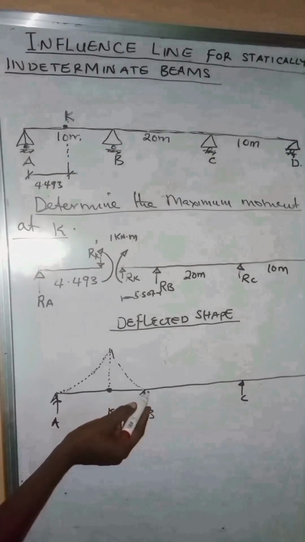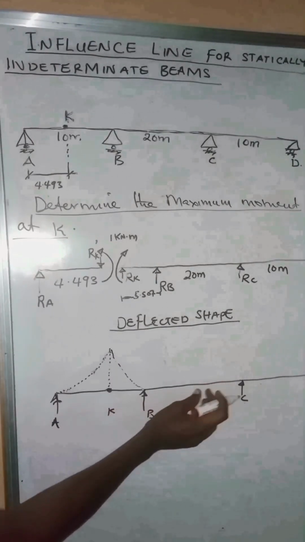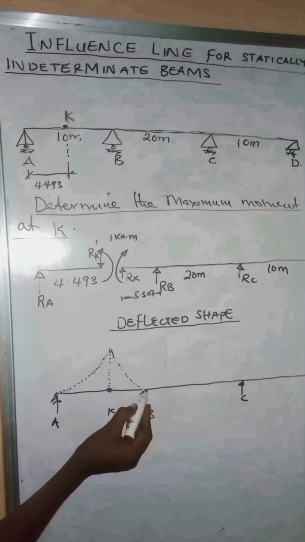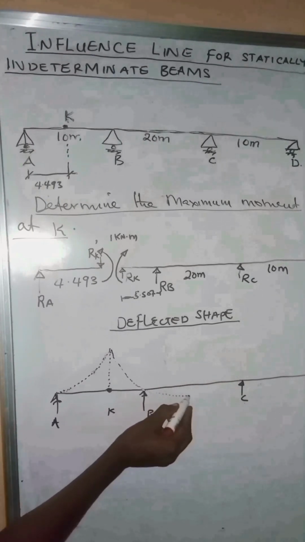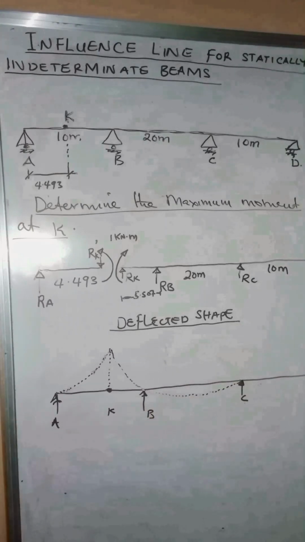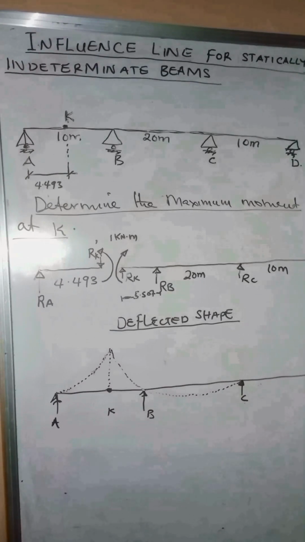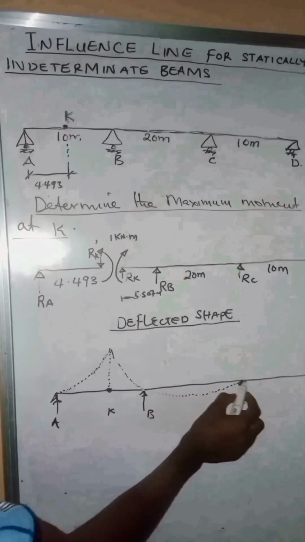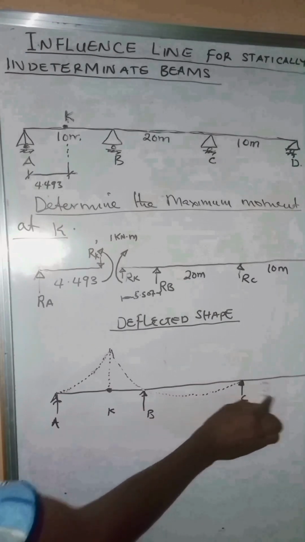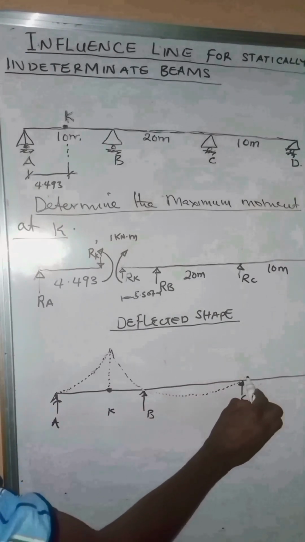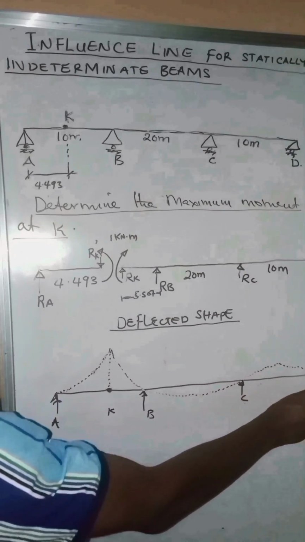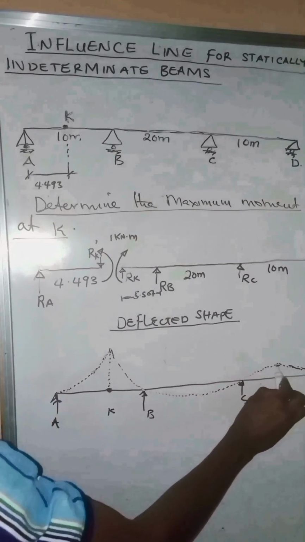When this happens, you can see it's going to drag and cause a sagging at BC. Of course, if we have BC under sagging tension, we are going to have CD in hogging tension. You see, it goes this way.